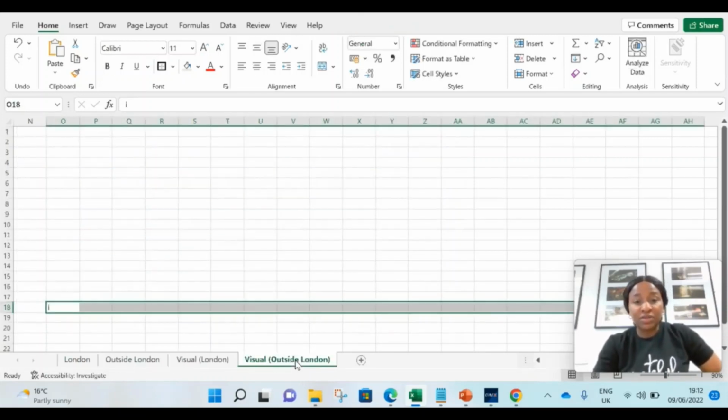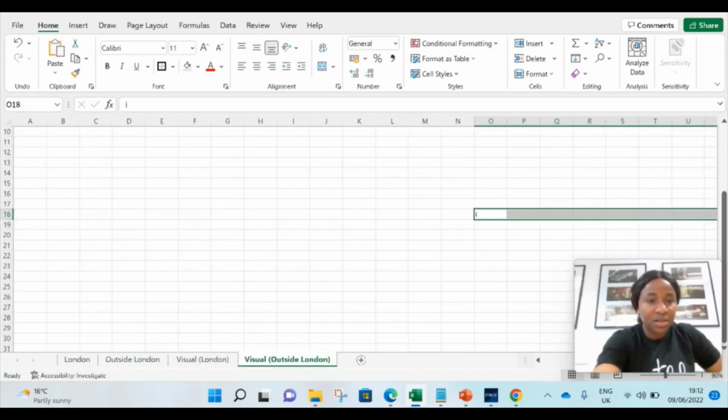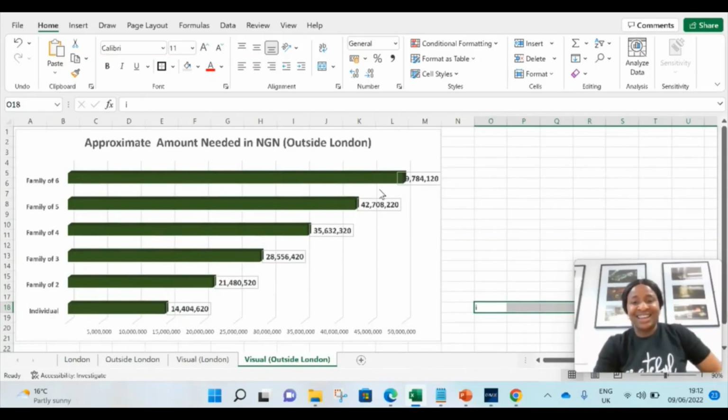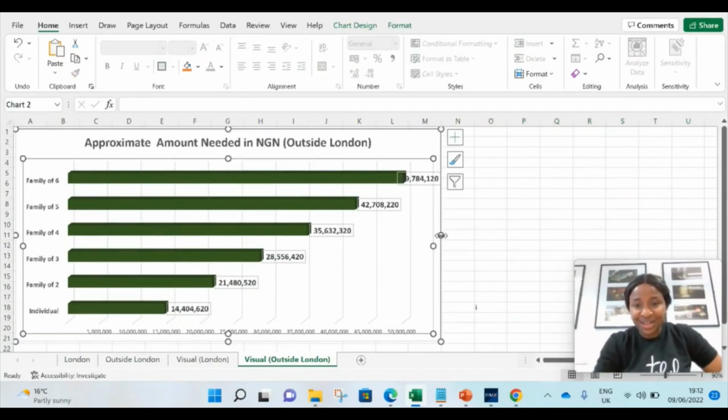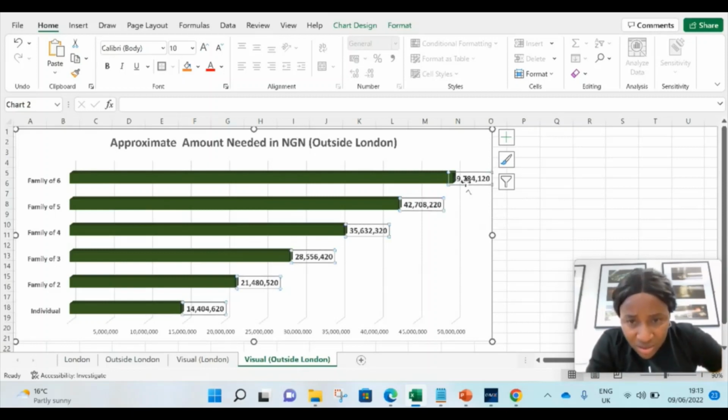So outside of London, because I don't want to waste time, I did most of the work already. For an individual, you have about 14.5 million, about 21.5 million for a family of two, and all the way to a family of six.